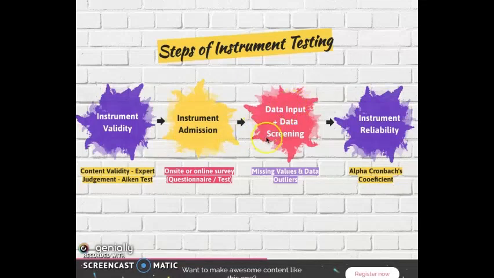And after you've done collecting the data, after there are enough responses to your instrument, then you can proceed to the data input. So you input your data in the SPSS program, just like what we did last week. And after you input the data, either from a questionnaire or a test or both, what you do next is the data screening. Correct. Here you see whether you have missing values or data outliers.